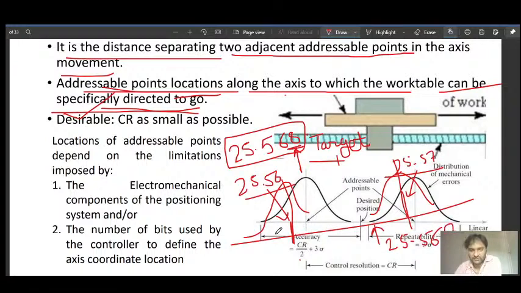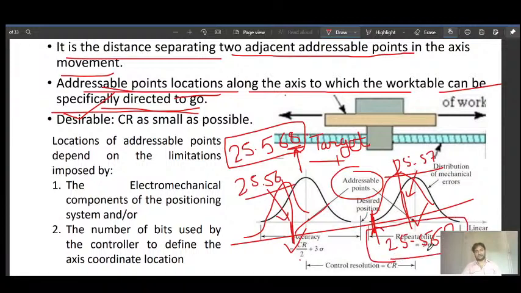So this one is our target, but the machine will stop either here or here, only these two points. We consider the decimal points that can be achieved by the machine, the very adjacent points. So obviously we will miss this value; we cannot position it at this point.